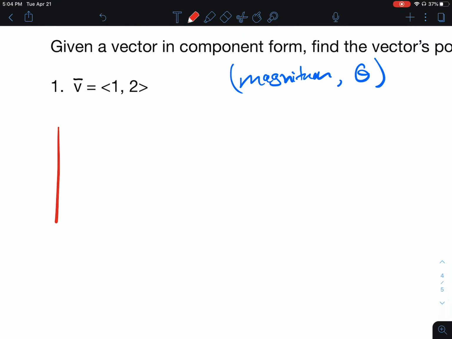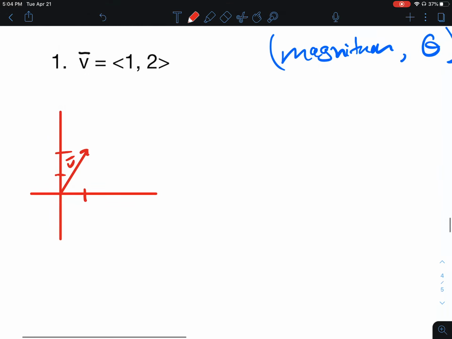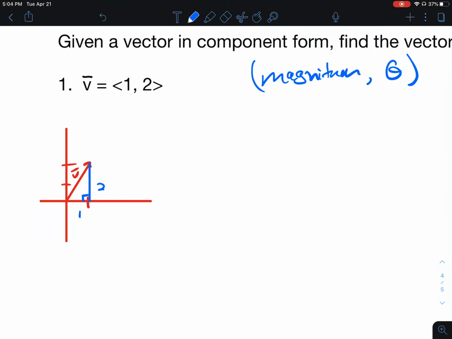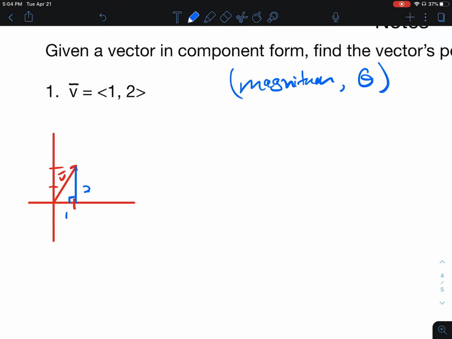Vector v is in quadrant 1. We're supposed to go to the right one and up two, here's vector v. If we make a reference triangle, like we're always going to do, we're going to the right one and up two. To find the magnitude, it's the Pythagorean theorem, solved for the hypotenuse.